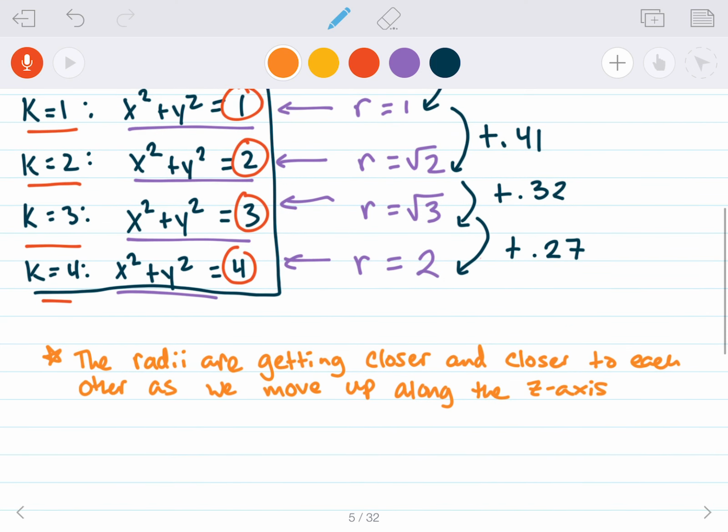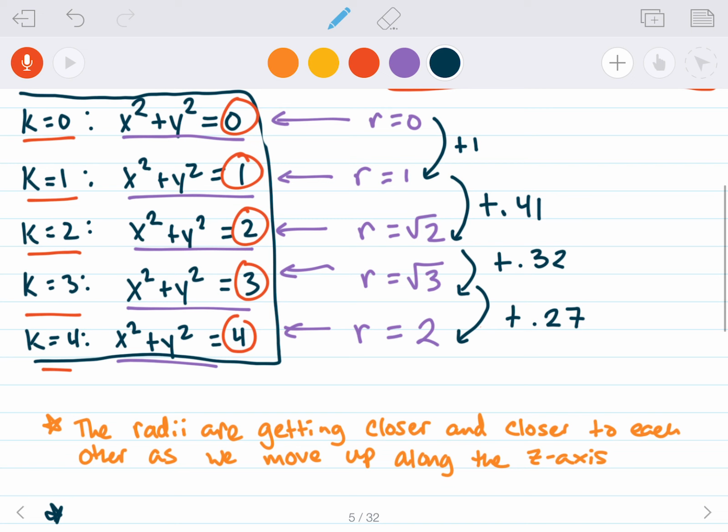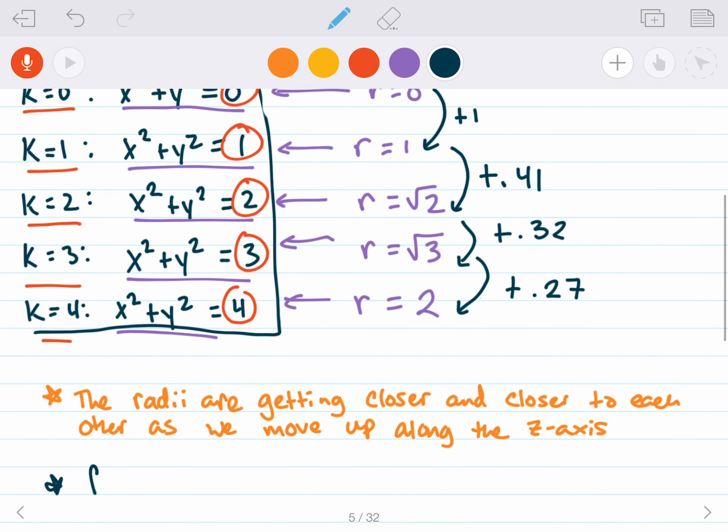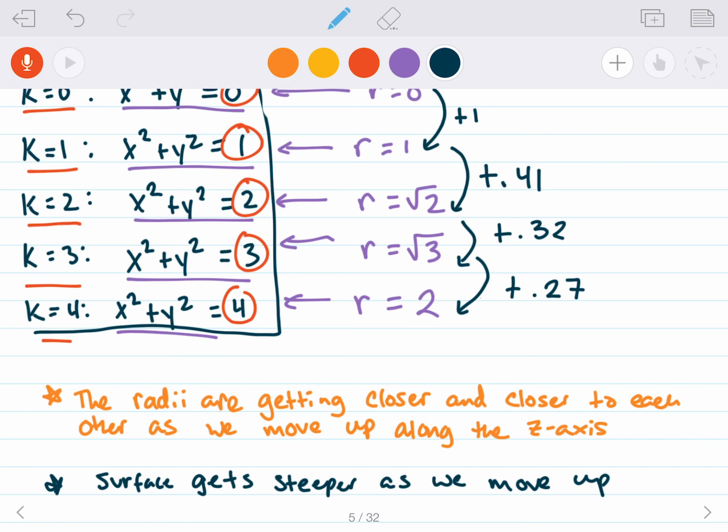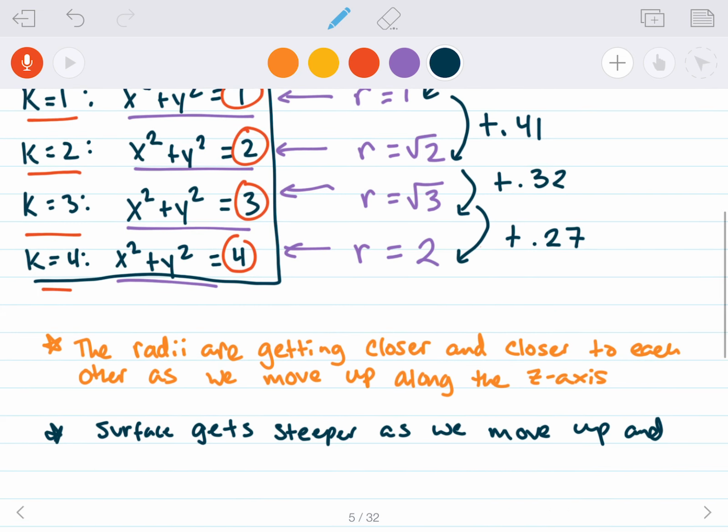And what does this mean in terms of what the picture looks like? Because the distance between the radii is getting smaller and smaller, what this is telling us is that the function, or the surface, let's actually write this here, the surface gets steeper as we move up and away from the origin.